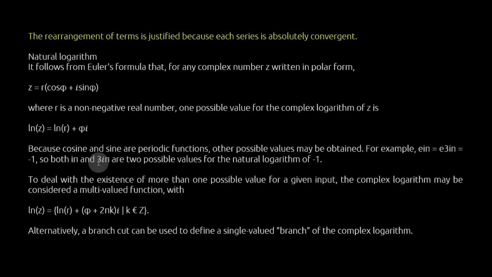The next subsection is natural logs. It follows from Euler's formula that for any complex number z written in polar form, z is equal to r (cos theta plus i sin theta), where r is a non-negative real number. One possible value for the complex logarithm of z is log z equals log r plus i theta.